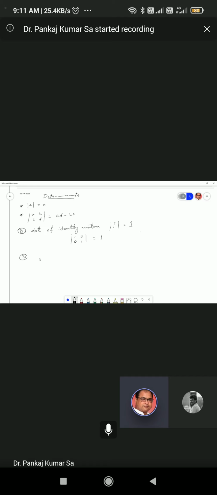Property 2: when rows are interchanged, not exchanged, interchanged in fact, interchange would be the perfect word, the determinant changes its sign.